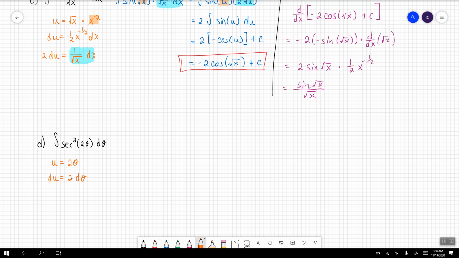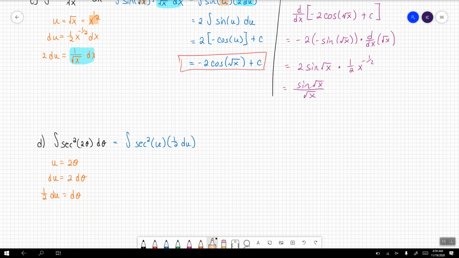Now, the 2 is a constant in this differential, which means I can divide on both sides, which means I just have d theta left over. And that's perfect because I do see a secant squared, and if I make my substitution as secant squared of u, then my d theta automatically becomes 1/2 du.